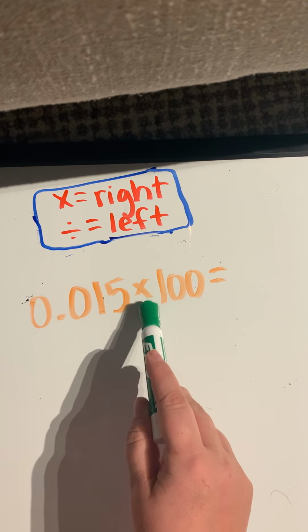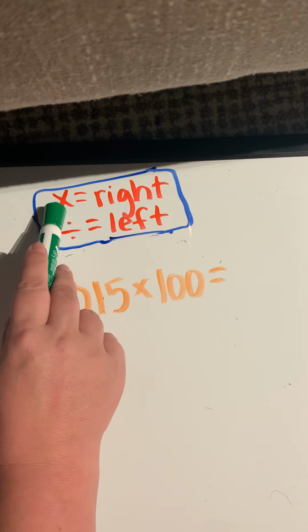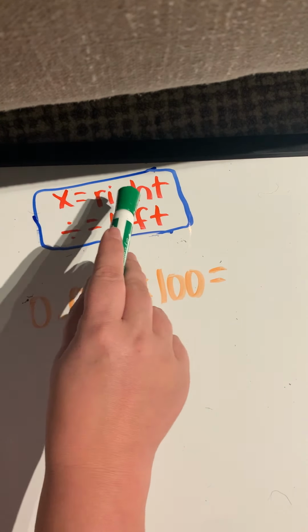All right, so take a look at my little cheat sheet. I've got a multiplication problem. I come up here and look at my cheat sheet. If it's multiplying, I've got to move my decimal to the right. So I then take a look at this number. How many zeros do I have in this number? I have 2 zeros.